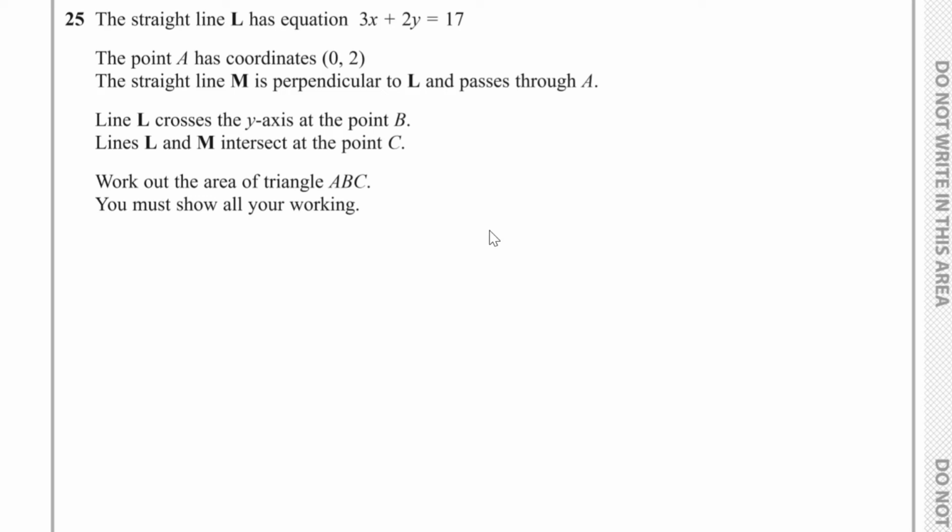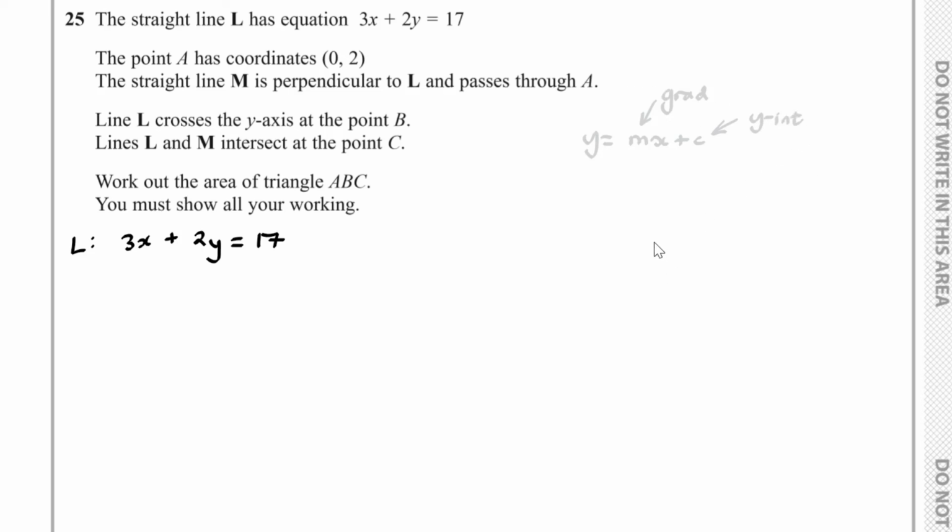So, if we do that, well, first of all, we need to draw this straight line. So, if we consider the line L, that has equation 3x plus 2y equals 17, and if we rewrite this in the form y equals mx plus c, the m over here tells us the gradient, and the c over here tells us the y-intercept.